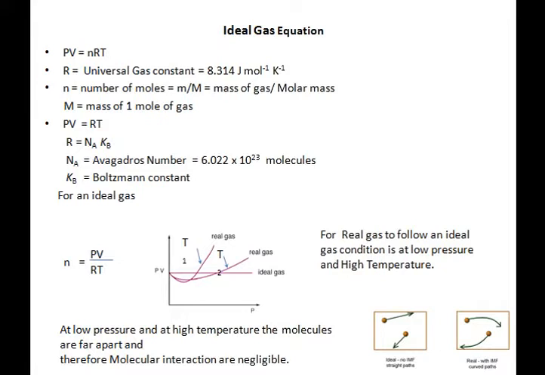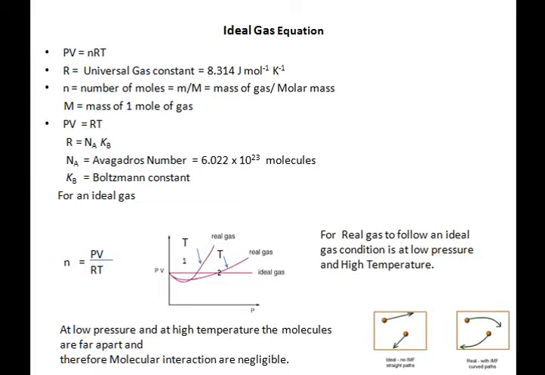From the given equation, we can write n is equal to PV divided by RT, which shows that if I plot a graph of PV versus P, which is shown below, it should be a straight line. That is what has been shown in the graph for an ideal gas.